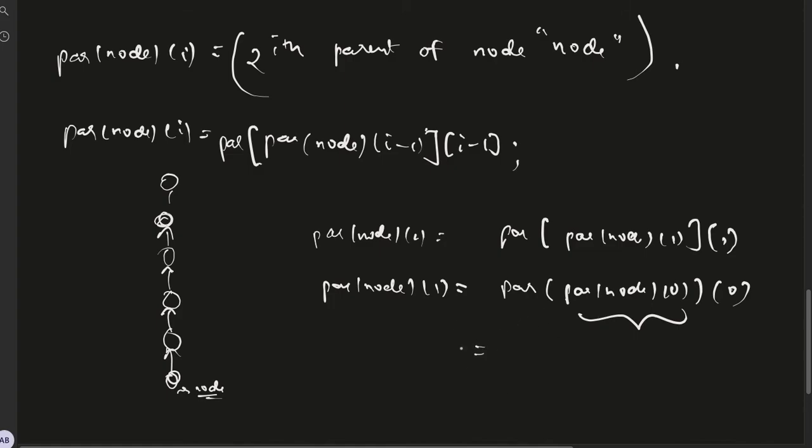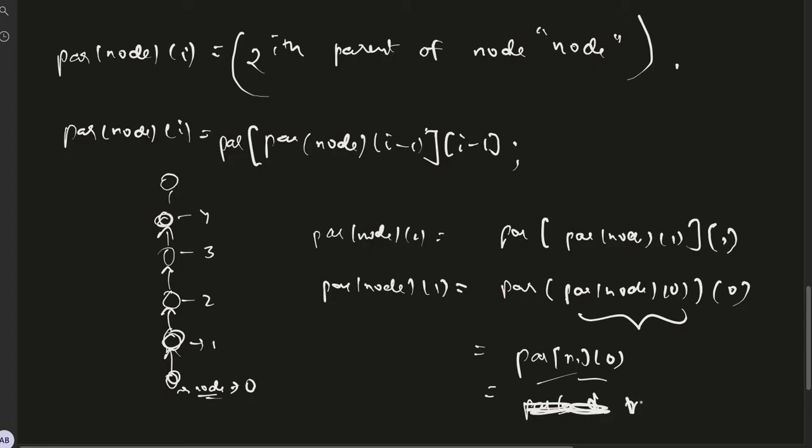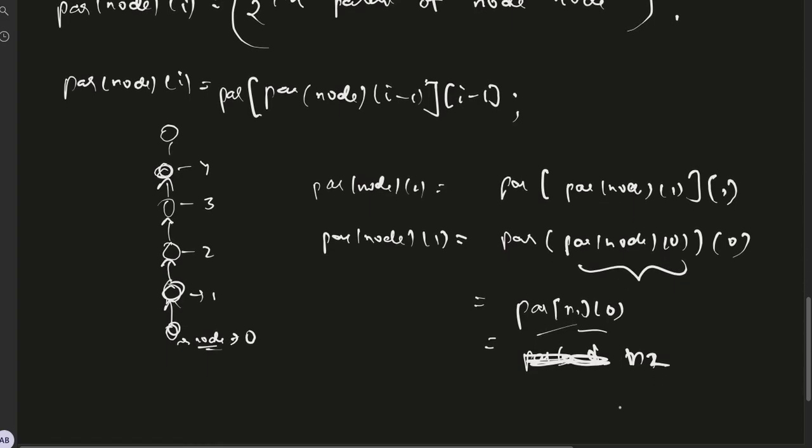So parent of node comma 0 is this node. Let's call this 1, let's call this 2, let's call this 3, let's call this 4, let's call this node 0. So parent of node comma 0 is node 1 comma 0, and again by the formula this is node 2, and using this would be parent of node 2 comma 1, which is node 3.